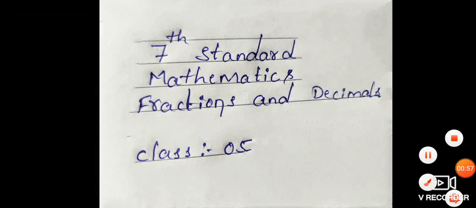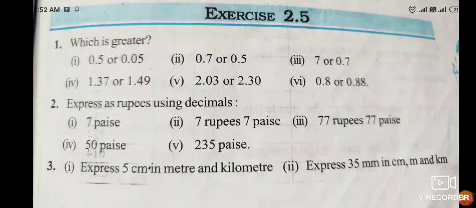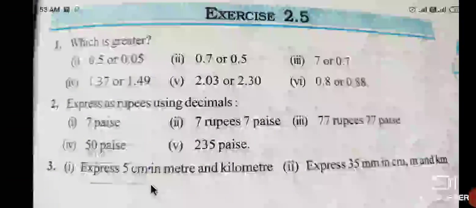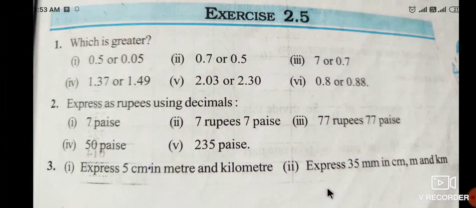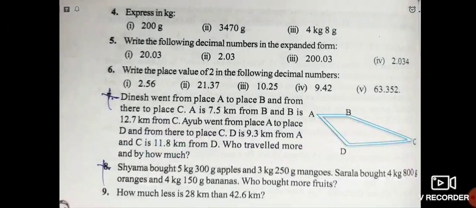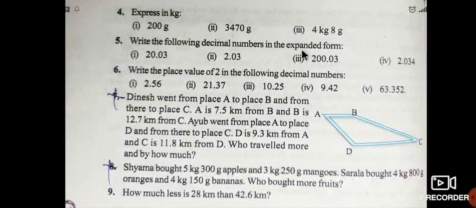In exercise 2.5, the first question is which is greater, the second is express as rupees using decimals, the third is express 5 centimeter in meter and kilometer, the fourth is express in kg, the fifth is write the following decimal number in expanded form, and the sixth is write the place value of 2 in the following decimal numbers.